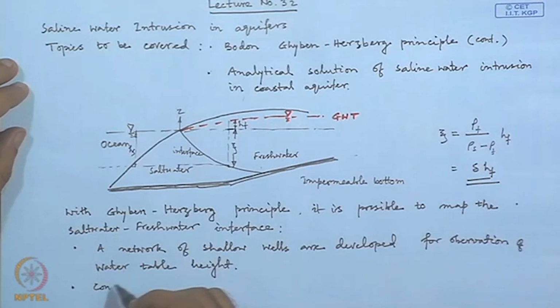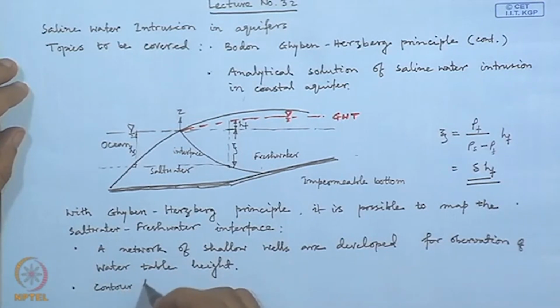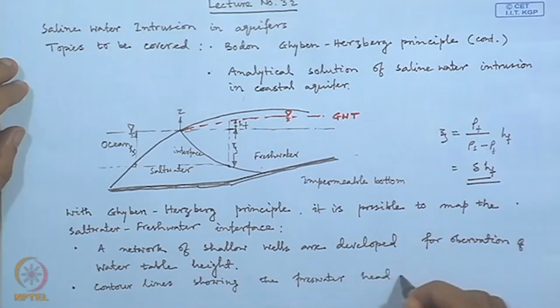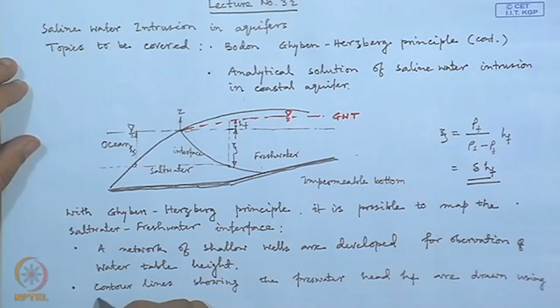So, contour lines showing the fresh water head HF are drawn using some interpolation method.